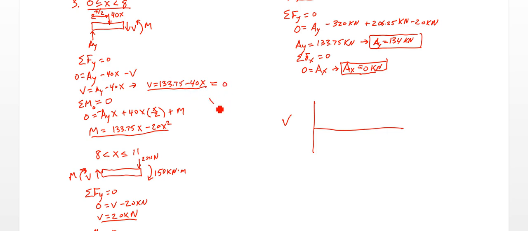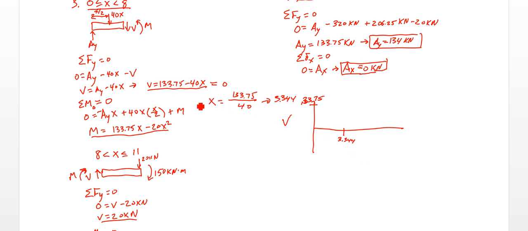So I find x equals 133.75 over 40, and that goes to, let's see, 3.344. And I'm going to start at 133.75. At this point it's going to be 0, and that's 3.344.